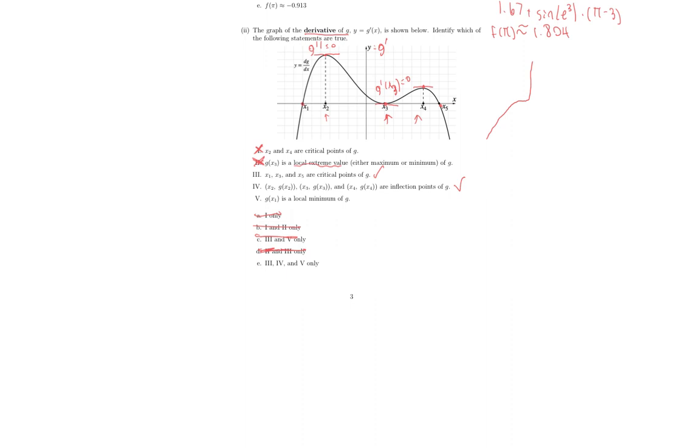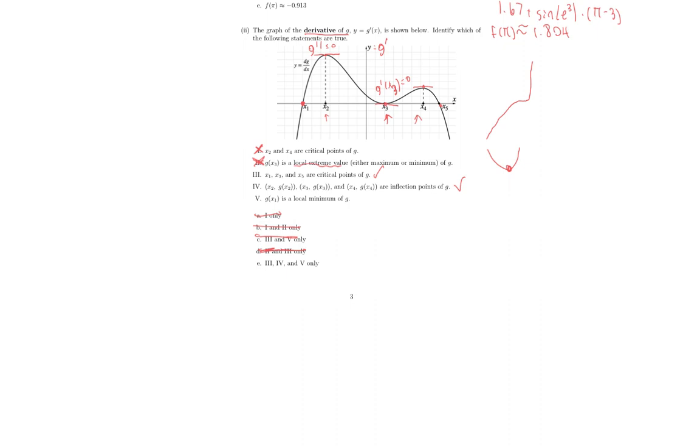G of x1 is a local minimum of G. So to be a local minimum, you need to be a critical point. So your derivative has to be 0. Well, at x1, it's on the x-axis, and this is the derivative graph again. Cannot emphasize it enough. So our derivative is 0 there. The other thing to be a local minimum looks something like this. To our left, we need to be decreasing. To our right, we need to be increasing.